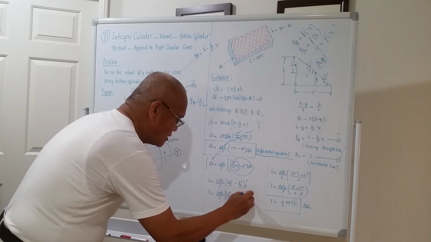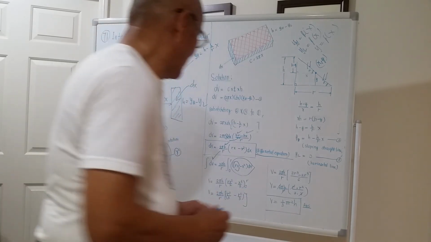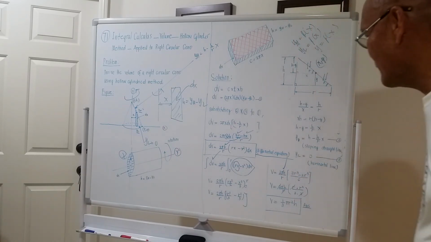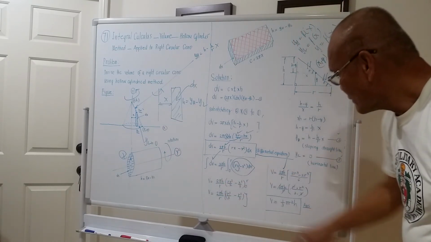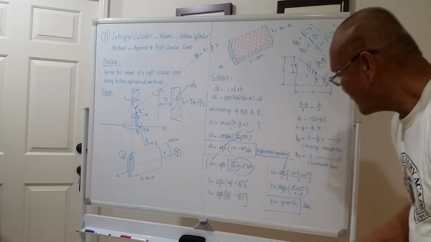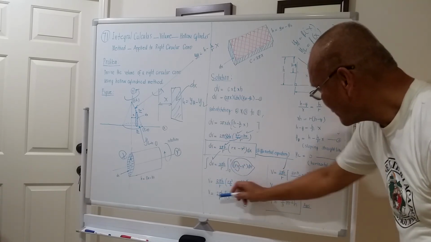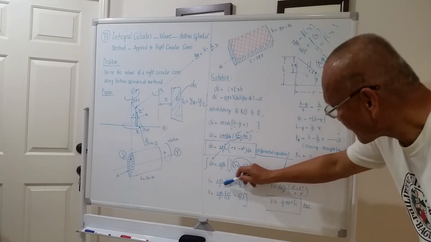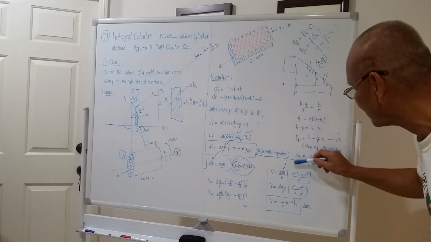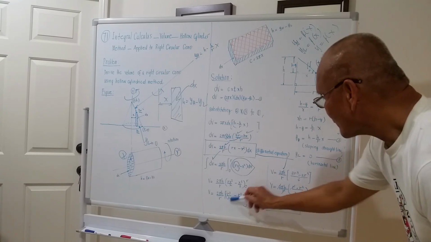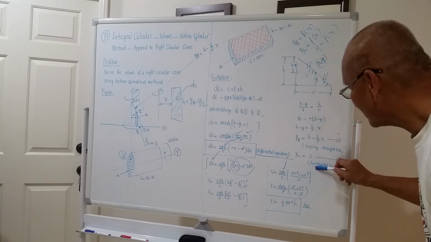It will just be something like this. So this is 2 pi h over r. Simplifying these two fractions here, the denominators are different, so we cross multiply. Then multiply the common denominator, so this should be r cubed times 3 is 3r cubed. Okay. 2 times r cubed is minus 2r cubed.